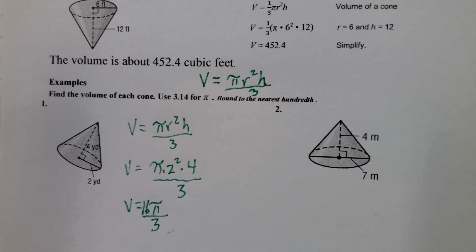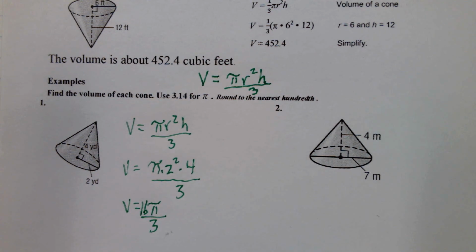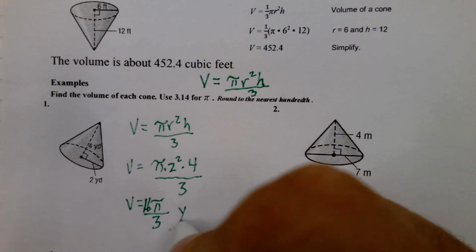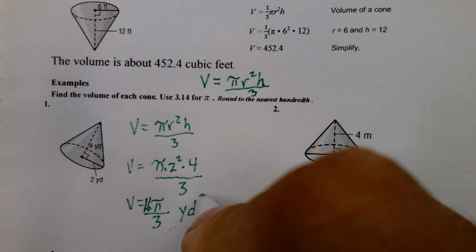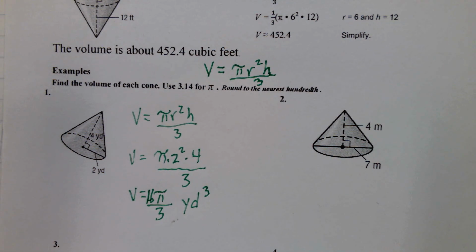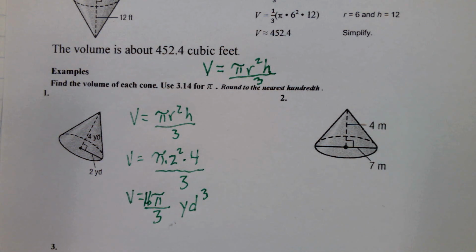And 3 doesn't go into 16, right? So we would leave this as that. 16/3, sorry for that ugly 16. I just like to put it in front of the pi, not behind the pi. So 16/3 pi cubic yards.